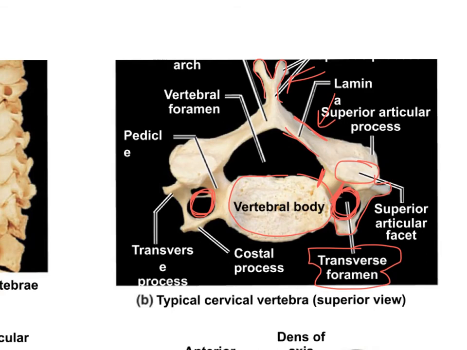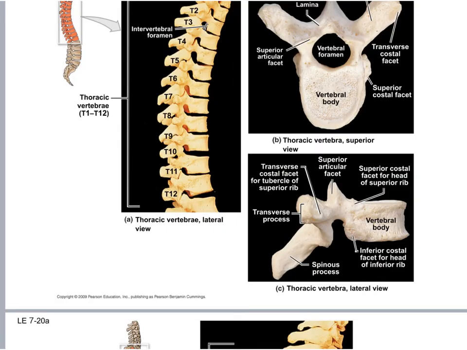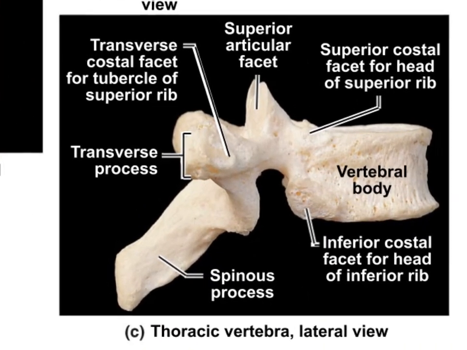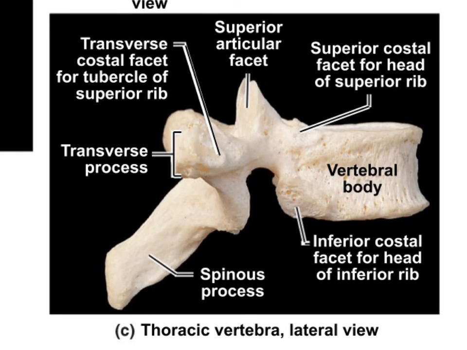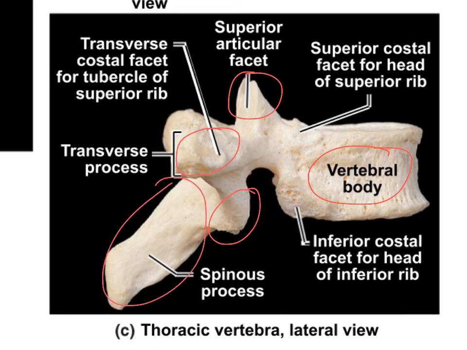Then we get to the thoracic spine. Here's the thoracic spine. And again, we have all those same points: the vertebral body, the superior articular process, the inferior articular process, the transverse process, the spinous process, the pedicle, the lamina, and the intervertebral foramen.